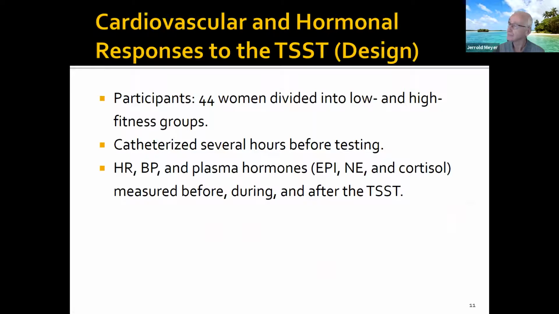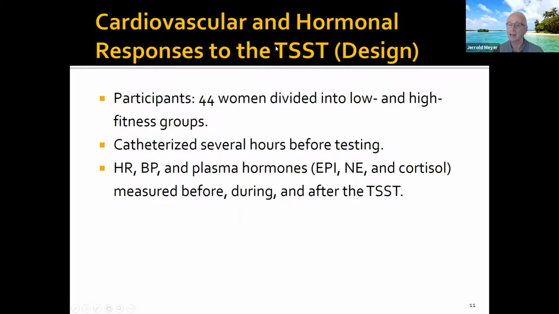I'm going to skip that. This is just some example data of cardiovascular and hormonal responses to the Trier. Here's the design of the study. It was 44 women.